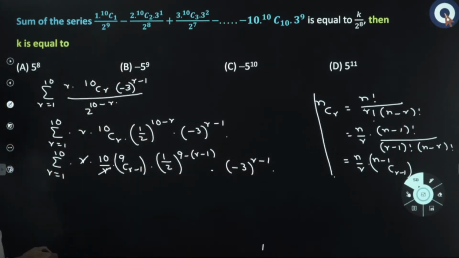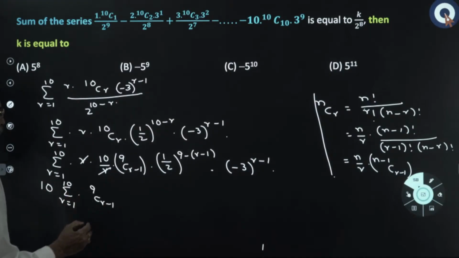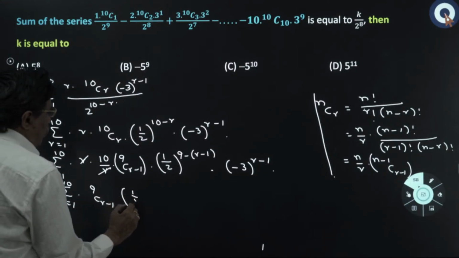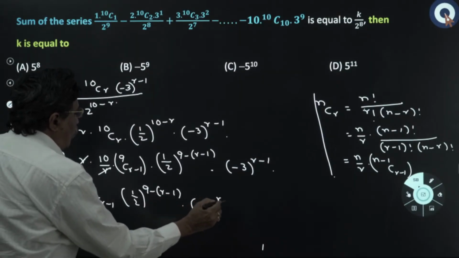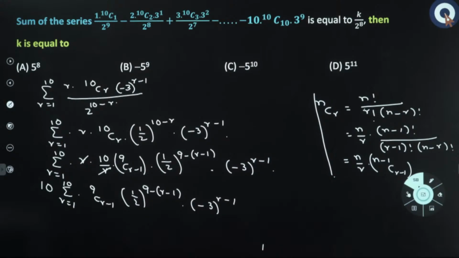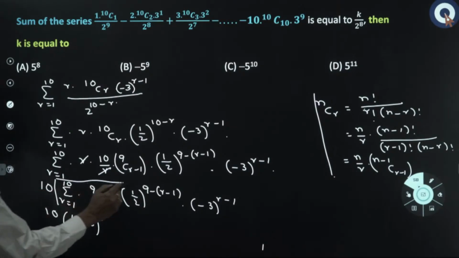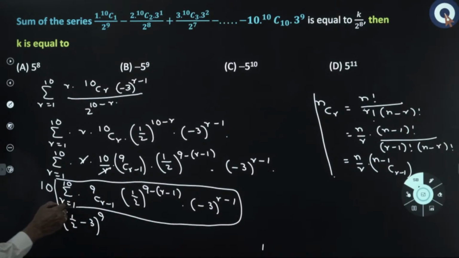We can cancel r, and we can bring this 10 outside. 9C r minus 1 into 1 by 2 whole to the power of 9 minus (r minus 1) into minus 3 whole to the power of r minus 1. Now, this is nothing but 1 by 2 minus 3 whole to the power of 9 expansion.